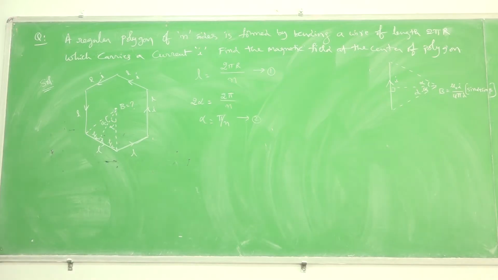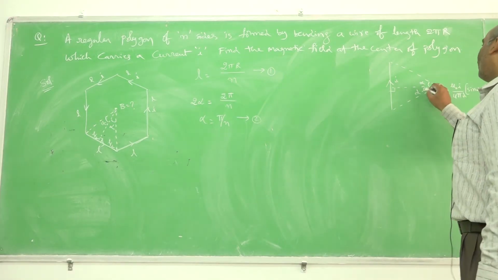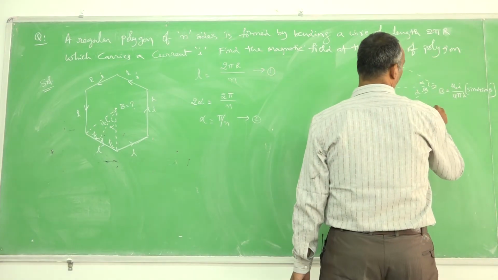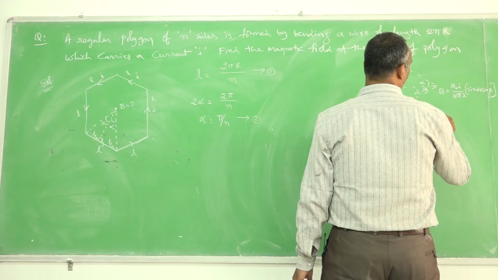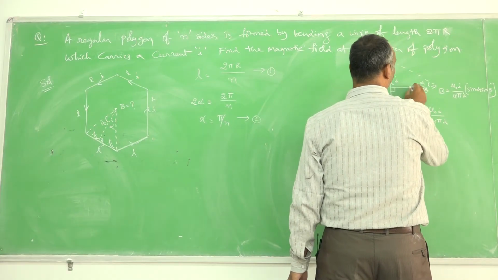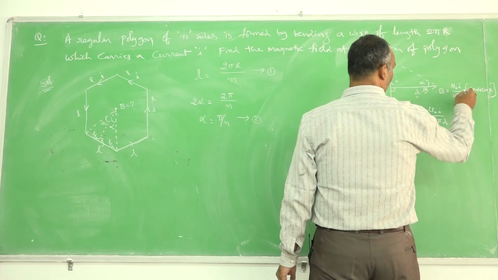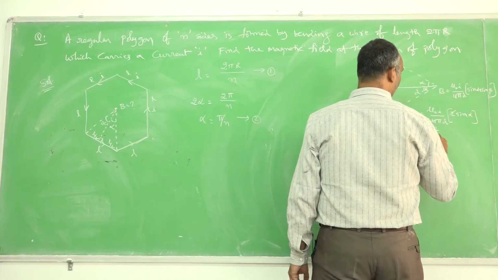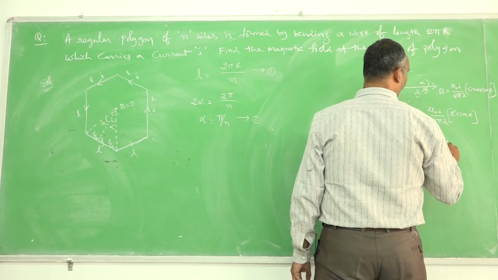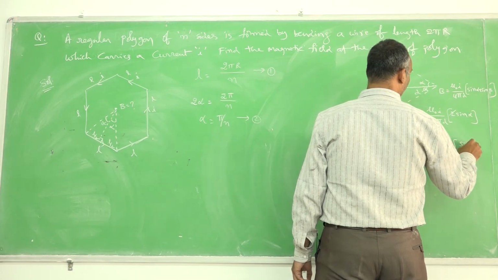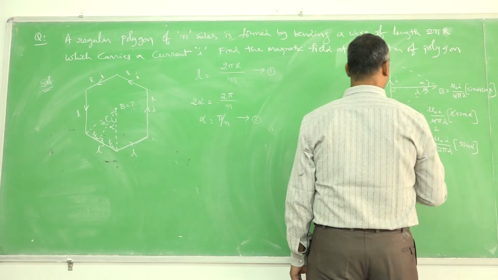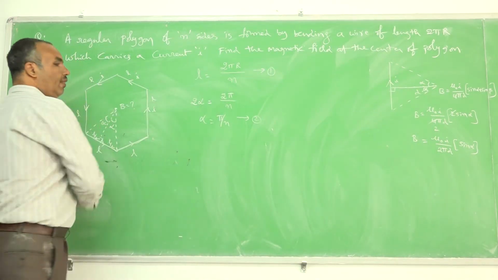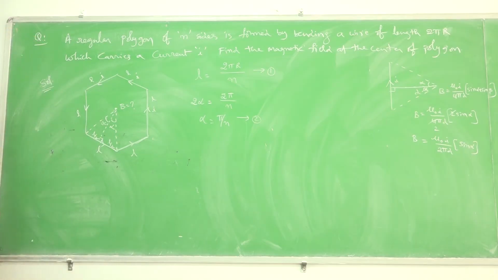Here, in this case, alpha and beta are identical. So B can be written as mu naught I by 2 pi d into sin alpha, where d is the separation from here to here. This is the strength of magnetic field due to one side of the polygon.